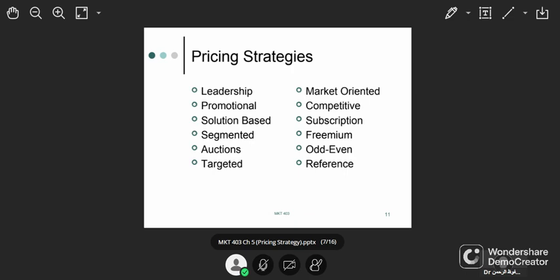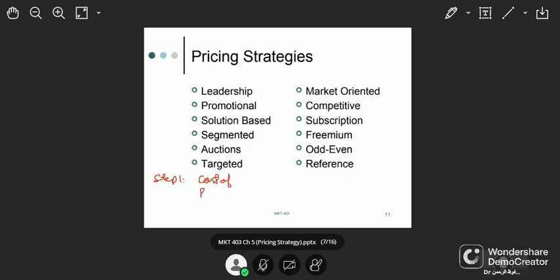Now talking about pricing strategies, the topic for today. Offline or online, the concept remains the same. How to set the price? The first step, we can call it step number one, is that you have to calculate the cost of production.